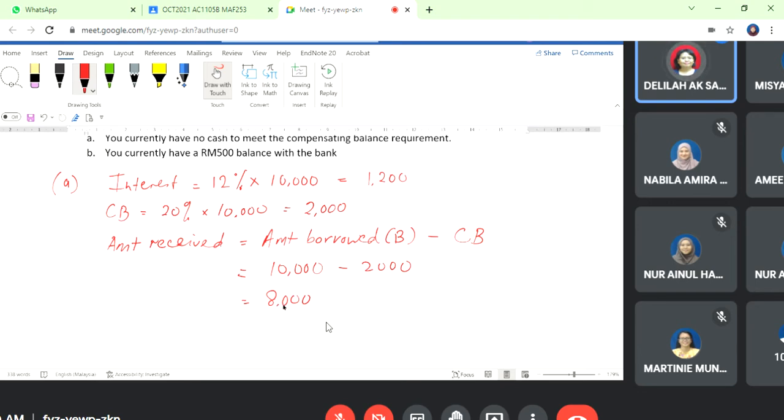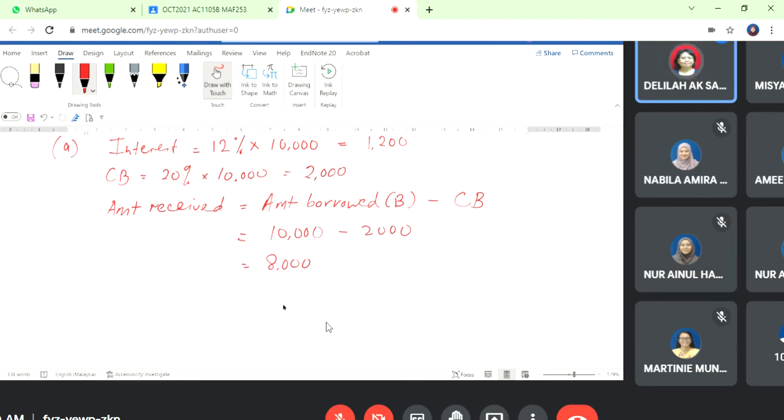If you can only get 8,000 ringgit, your effective cost of borrowing, or your EAR, will still be the interest divided by the amount that you receive from the bank. The interest we calculated up here is 1,200. Amount received is 8,000 saja. Jadi kita pinjam 10,000, dapat 8,000 saja.